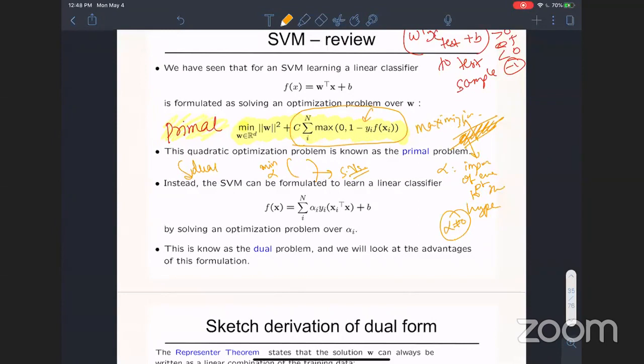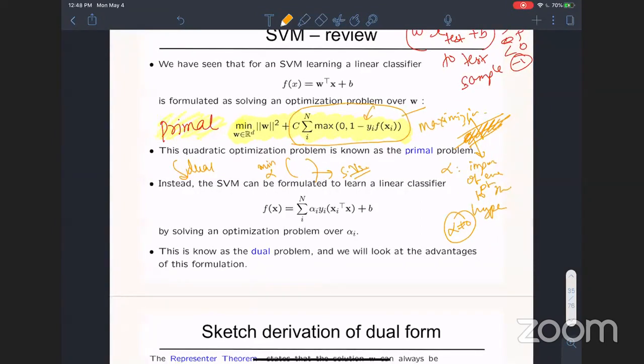Do you want to strictly make this term not contribute to any error, or do you want to take some violations and make sure to reduce the impact of those violations? Understand? Rather than learning a very narrow tube, we are going to learn a wider tube.